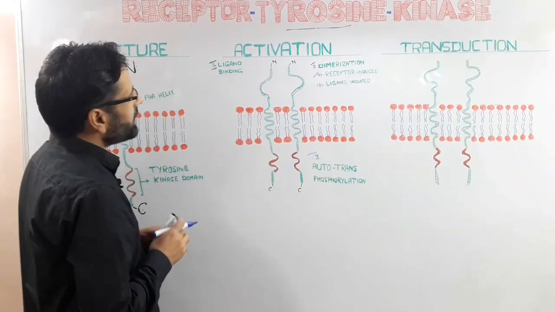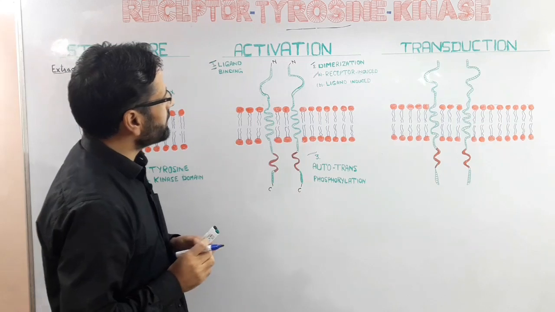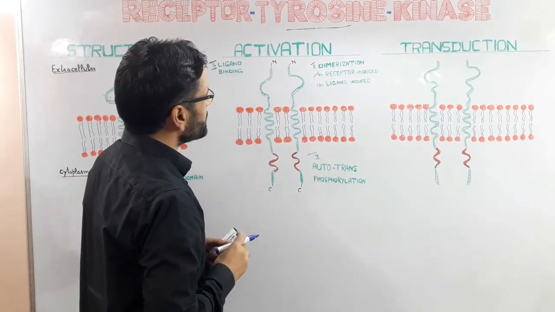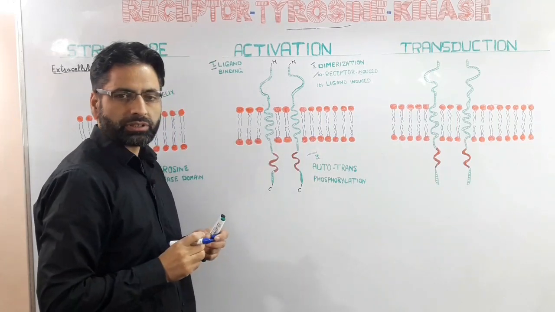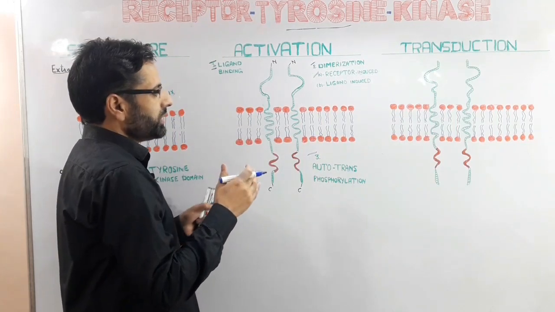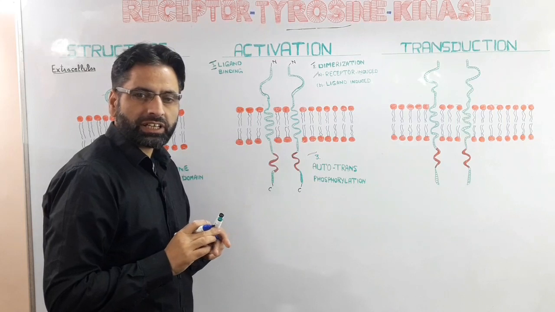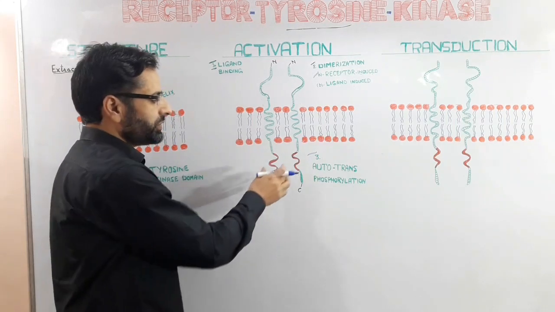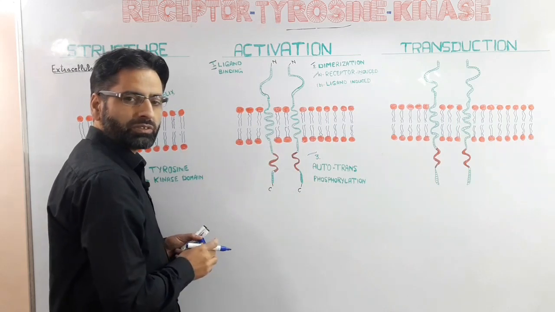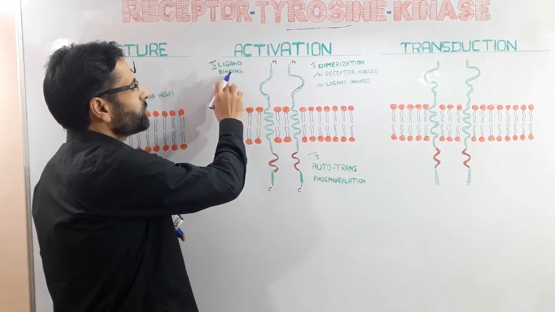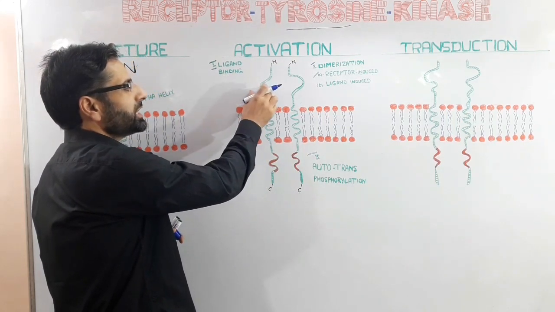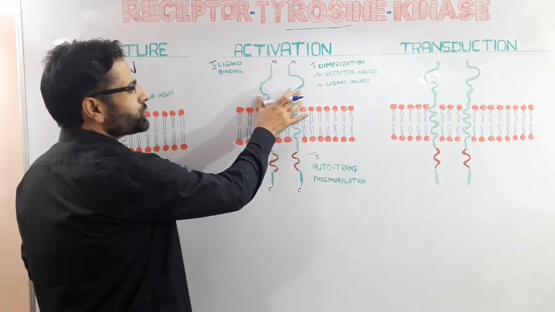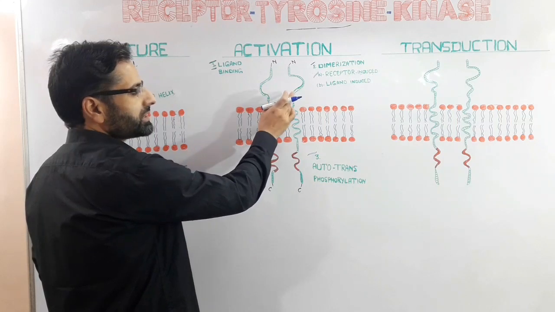Now the question is how this receptor is activated when a signaling molecule binds to the binding site present on the extracellular side of this receptor. It involves dimerization, and that dimerization causes increased tyrosine kinase activity on the cytoplasmic side. First, a signaling molecule as a ligand binds to the binding site on the extracellular side of this receptor. Here we have two receptors very close to each other.